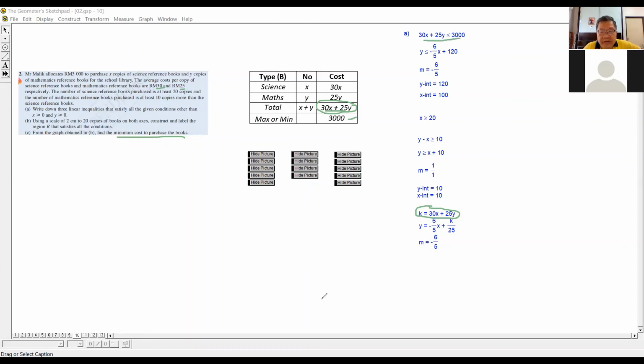Did you notice this? Our constraint here, the cost must be minimum. But the cost is one of our constraints. Can you see the expression is the same? This one is less than or equal to 3,000. But this one, we call it K. Any problem with this? Any question you want to ask regarding this?